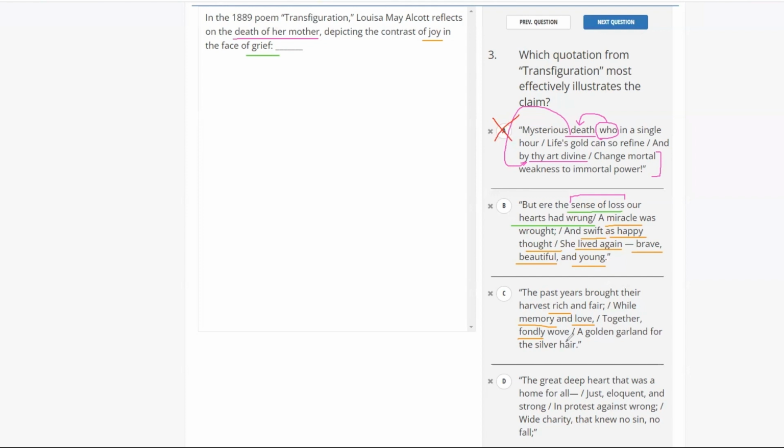Not sure what's being referenced here, but something that's gold is usually positive. Look at choice C. We only see happy thoughts here. Only one part of the claim is reflected. We don't see any evidence of thinking about our mother's passing, and we don't see any evidence of sadness. For those reasons, we can eliminate choice C.